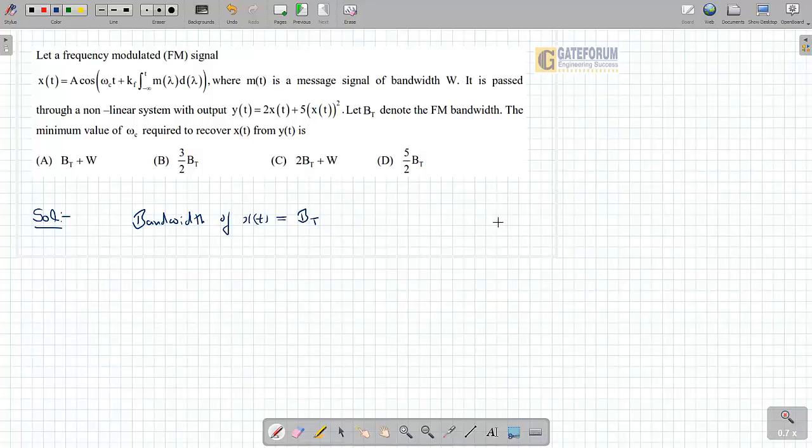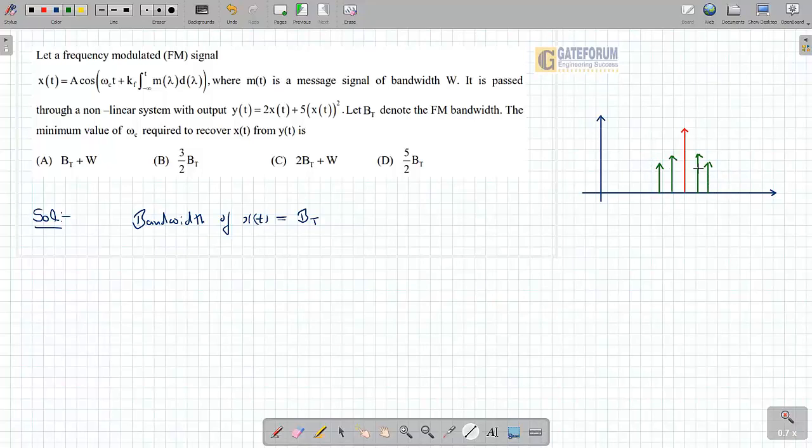So if I see the spectrum of xt, the spectrum of xt will look something like this. The FM signal spectrum contains many side lobes.